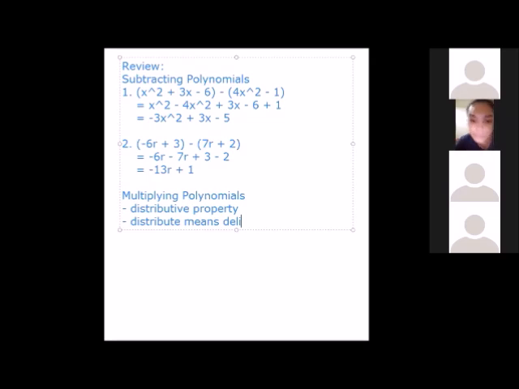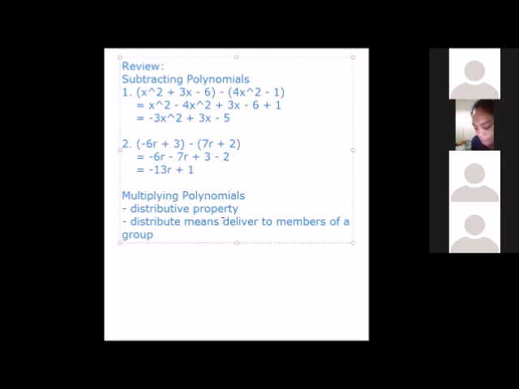Distribute means deliver to members of the group. So in our lesson, we will also be distributing a monomial, a polynomial with one term, to all the terms of the polynomial.